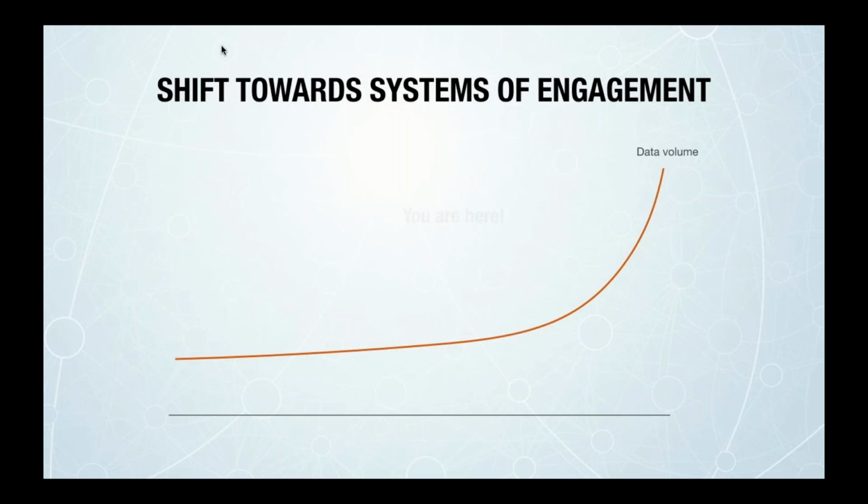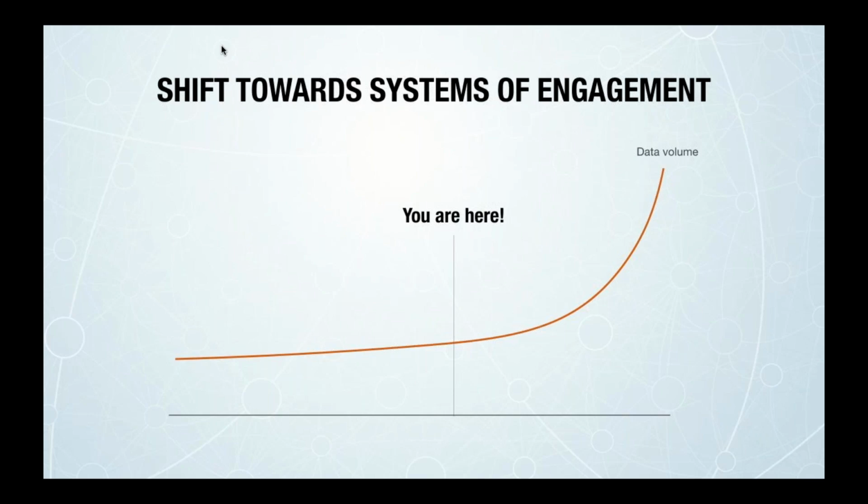So if you look at where we are today in terms of how much data volume we're going to be collecting as businesses, as individuals, as other types of organizations, we've slowly ramped up the amount of data we're collecting over time.